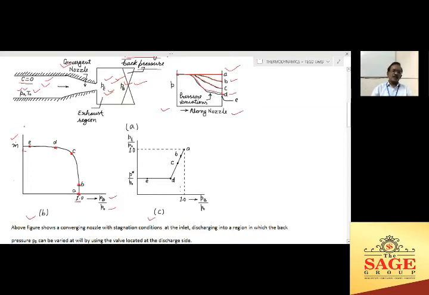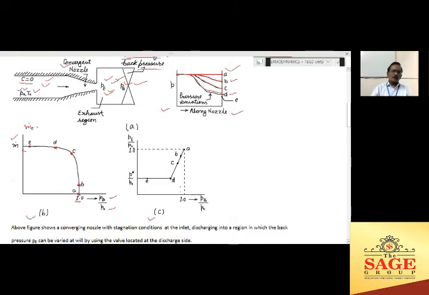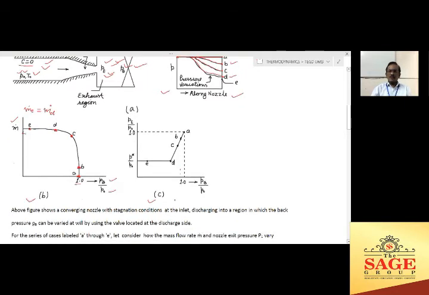We can write that m dot at point E and m dot at point D are approximately the same. It means that after a certain limit, further decreasing the back pressure will have no effect on the mass flow rate. Now, it will be more clear from the third curve.